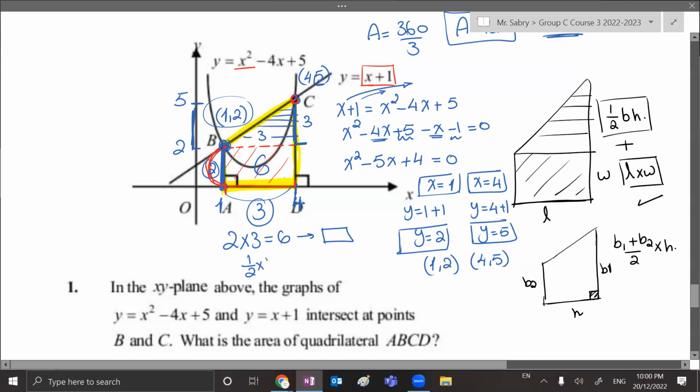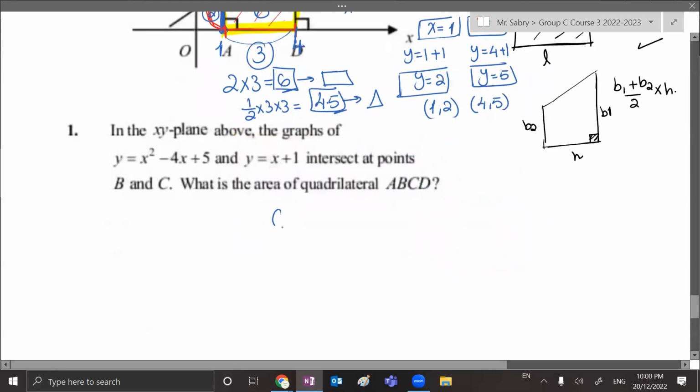Half times 3 times 3 is 4.5. Now I have the area of the rectangle and the triangle. So the area of the whole shape is 6 plus 4.5, which means that the area is 10.5. This is the total area of the shape.